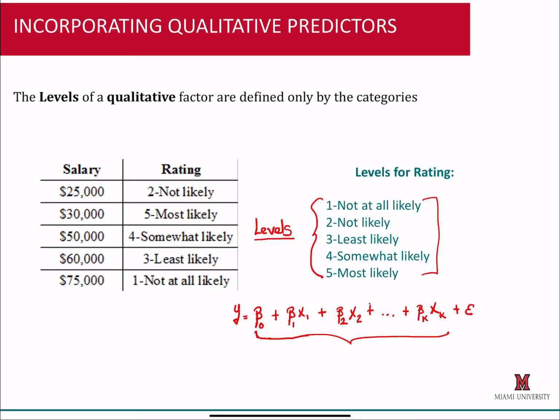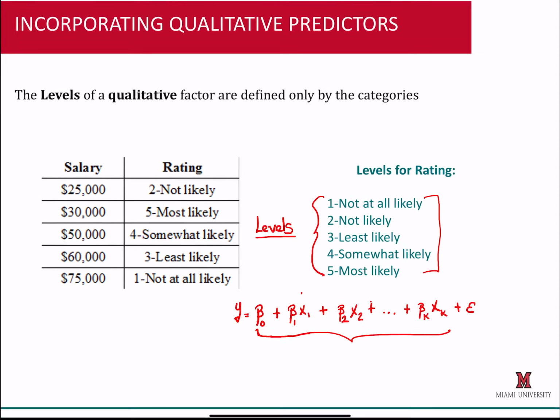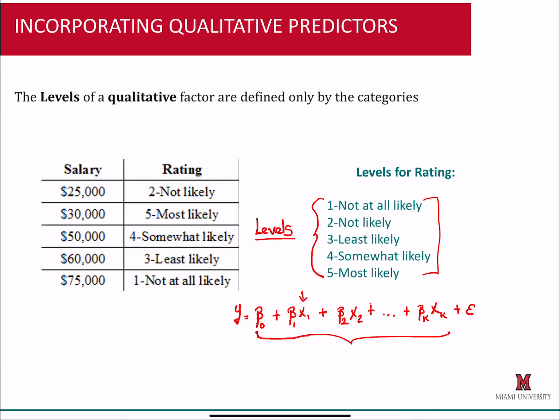The numeric values are needed in order to be plugged into the regression equation. For example, if we have variable x1 be, let's say, the rating, then we need to find a way to encode these levels for rating into the regression model. There are many ways to do that. We call that encoding categorical variables.